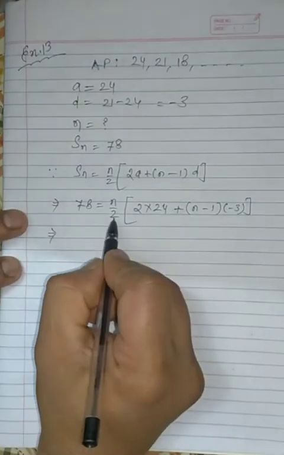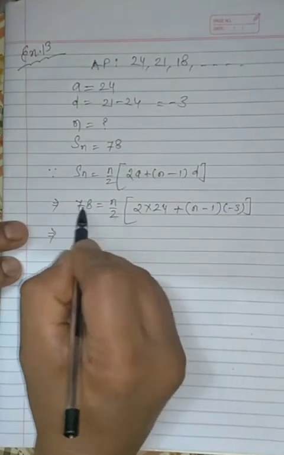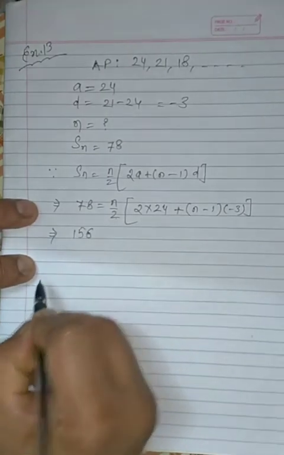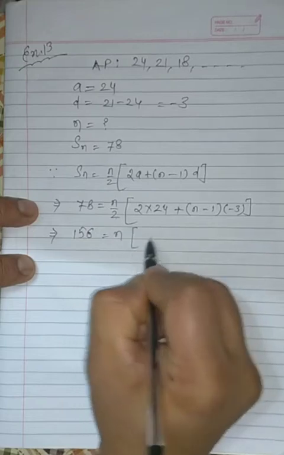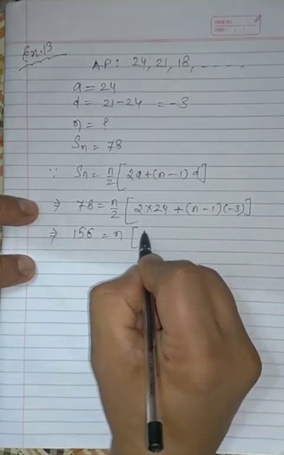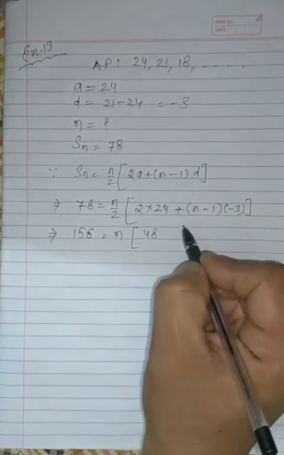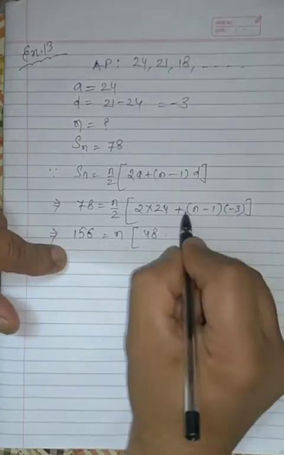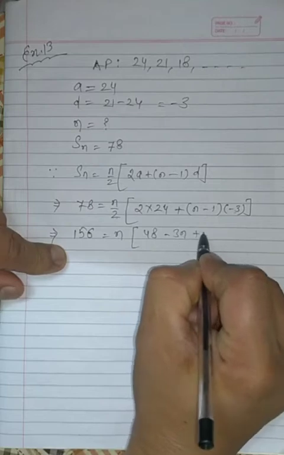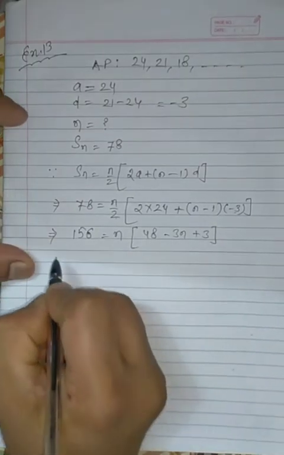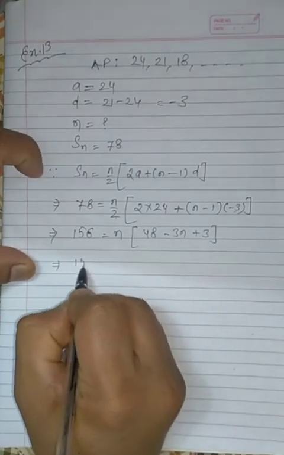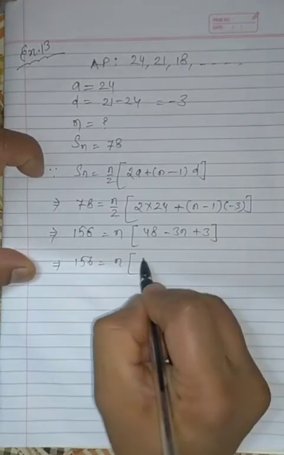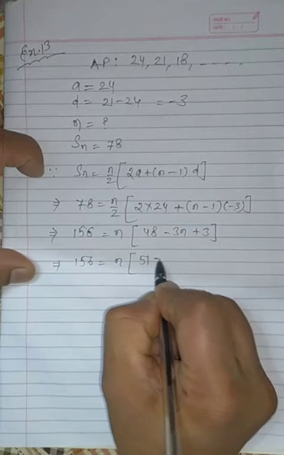So cross multiplying 2 this side, 78 into 2 is 156, is equal to n into 24 into 2 is 48. Multiplying minus 3 inside, minus 3n plus 3. So we get 156 is equal to n into 48 plus 3 is 51 minus 3n.